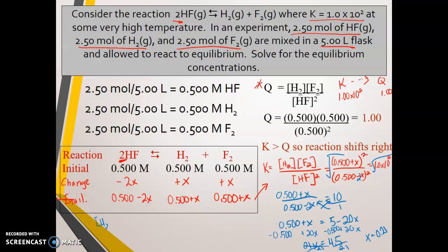The concentration of hydrogen is equal to the concentration of fluorine, which is equal to 0.500 plus x, which is going to be 0.710, and then for HF it is 0.500 minus 2x, and that is going to be equal to 0.080.